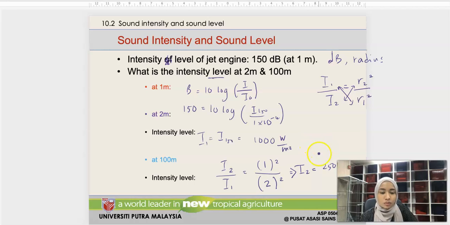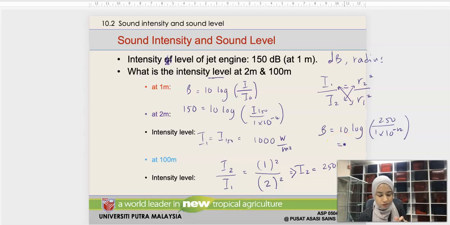So now we want to find what is the intensity level. So we plug in beta. I2, 250 over 1 times 10 to the minus 12. That should be straightforward. So divide it by 1 times 10 to the minus 12, and then you log the whole thing, and multiply the answer by 10.